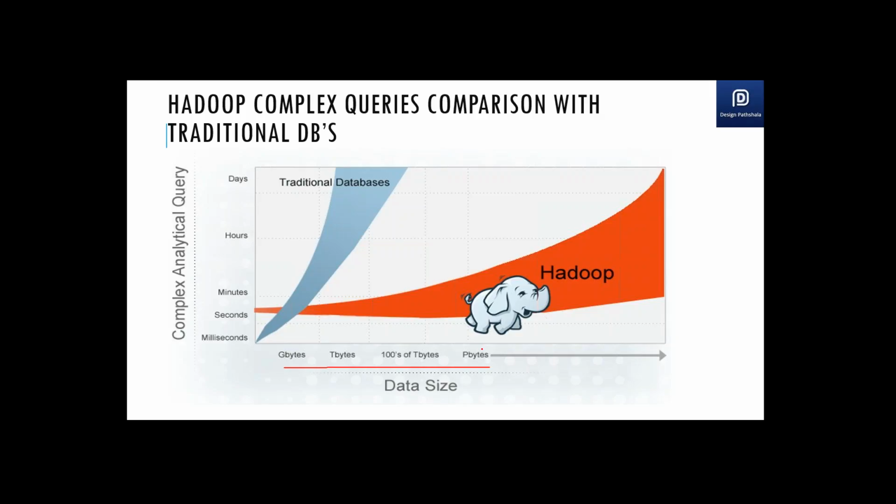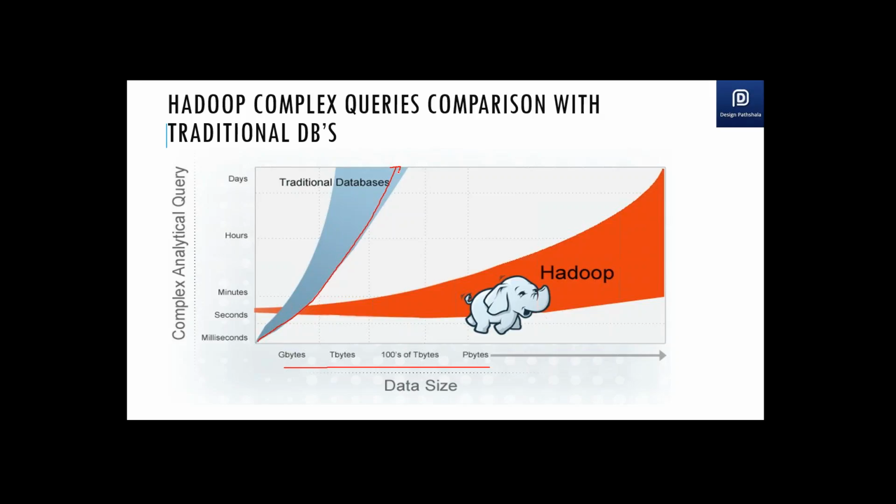So the graph in the traditional databases is something like this. When the data is less, the processing time is very less, in less than microseconds or less than seconds. But as soon as your data grows, your graph is almost vertical.